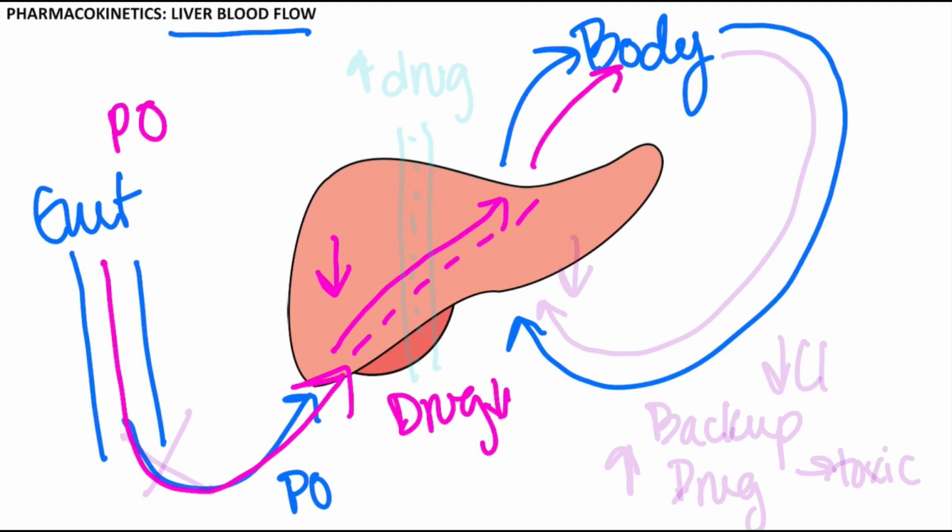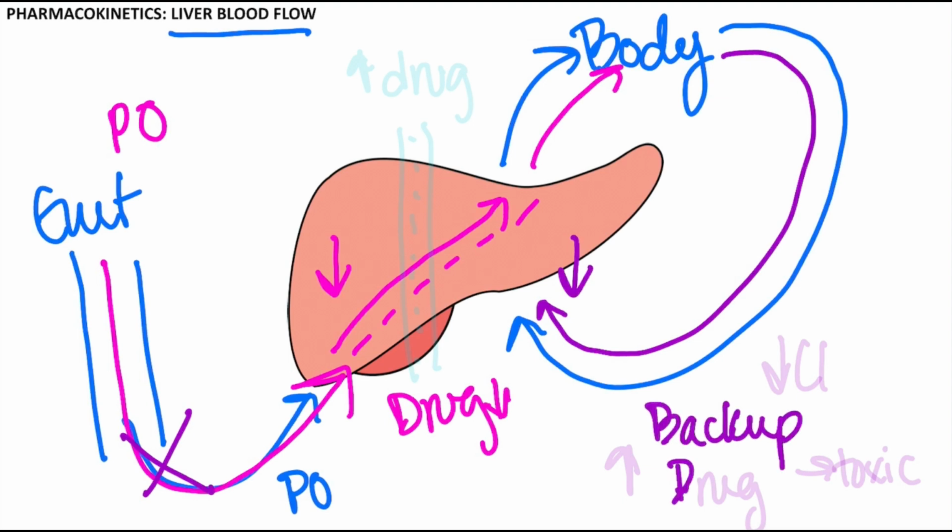For some drugs, this won't necessarily matter, but if you reduce liver blood flow, it may reduce the drug's ability to travel back to the liver to be metabolized. So if this matters for a particular drug, there could be a backup of drug trying to enter the liver to be cleared, but reduced liver blood flow reduces this rate of clearance.